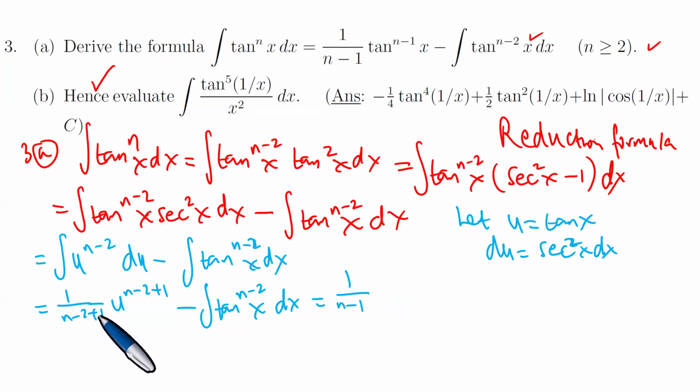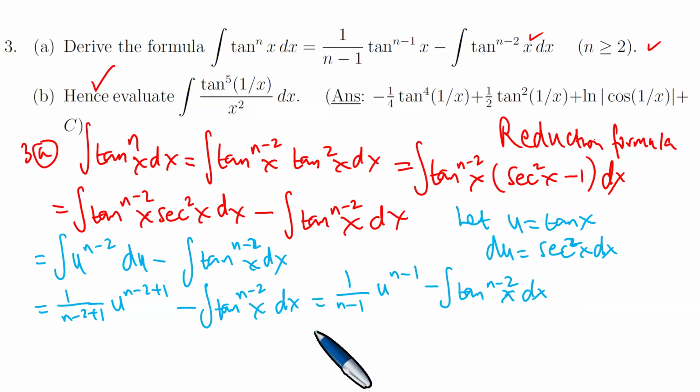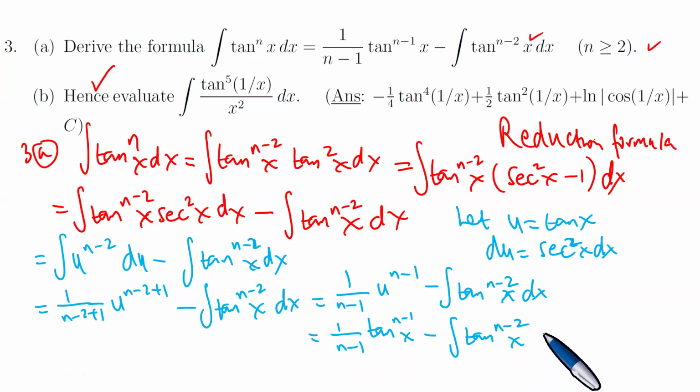Now n minus 2 plus 1 is n minus 1, so we have 1 over n minus 1, u to the power n minus 1, where u is tangent x, giving 1 over n minus 1 tangent n minus 1 x, minus the integral of tangent n minus 2 x dx.